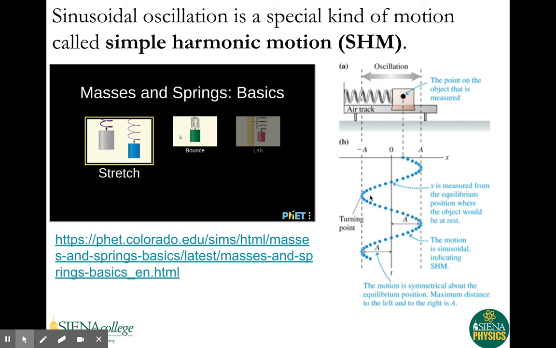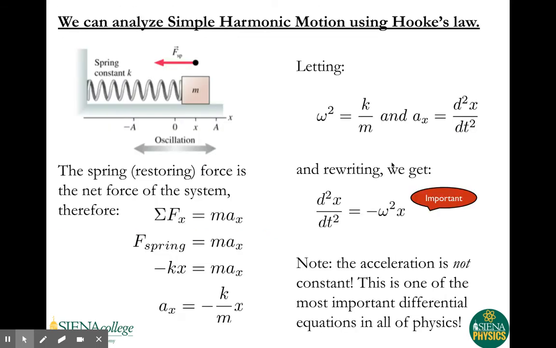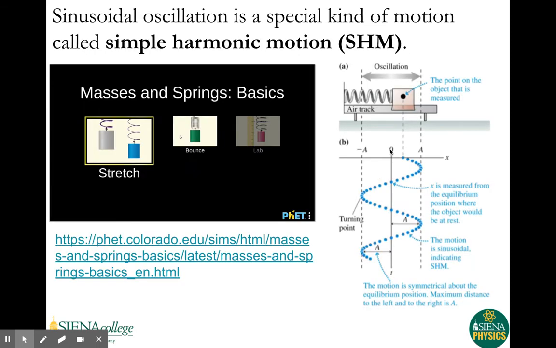If there was no friction, this motion would go on forever. We always say 0 is the equilibrium position. The maximum displacement away from that equilibrium position, you can see here it's labeled A, is called the amplitude of the motion.